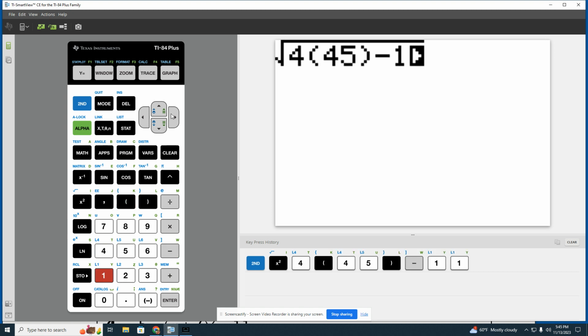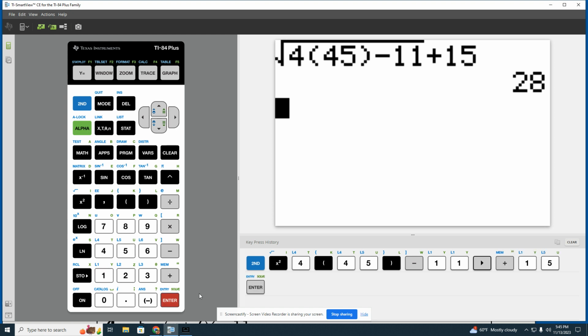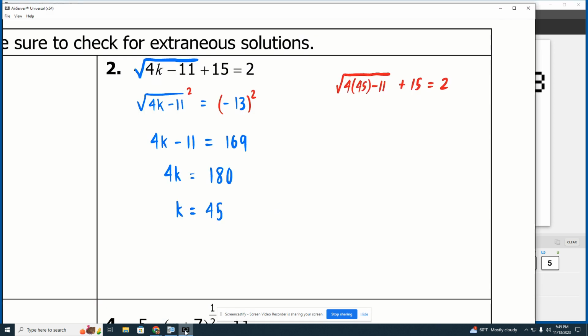I'm going to scroll outside of that and put my plus 15. And in this case, I get 28. Now, 28 definitely does not equal 2. So this is one of those cases where the solution that I get, even though I went through the whole process correctly, the solution is extraneous. Extraneous solution. Okay?